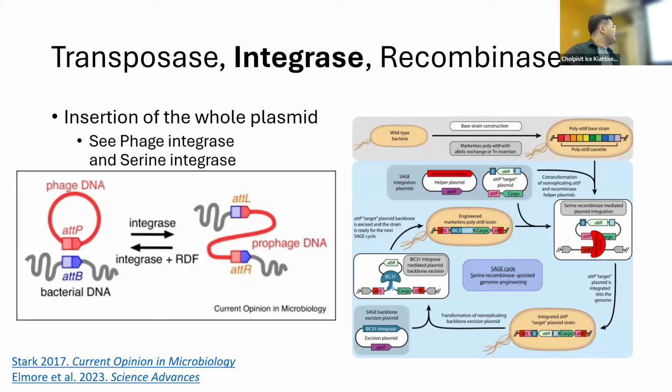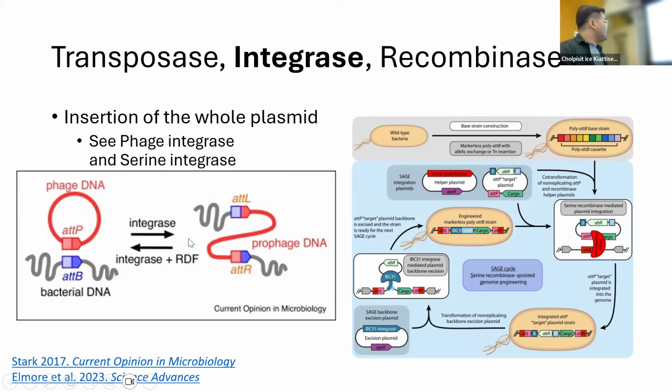The other one is the integrase. Most of the time, the integrase depends on the protein that will work on the integration, and the other part, which is the recognition site on the donor and the recipient. An easy example right here is from the phage system, where there are attP and attB, which are the recognition sites of the host target and the phage DNA, which is circular at this time.